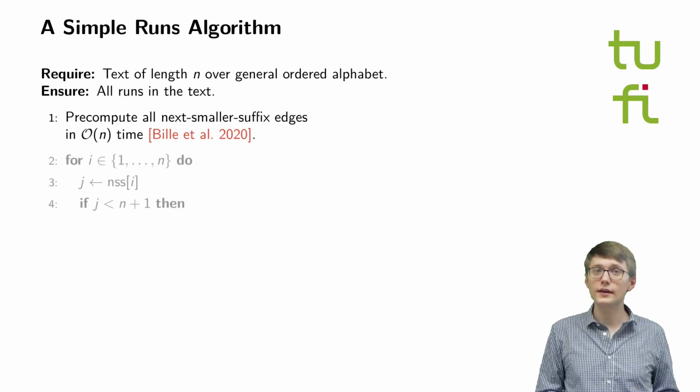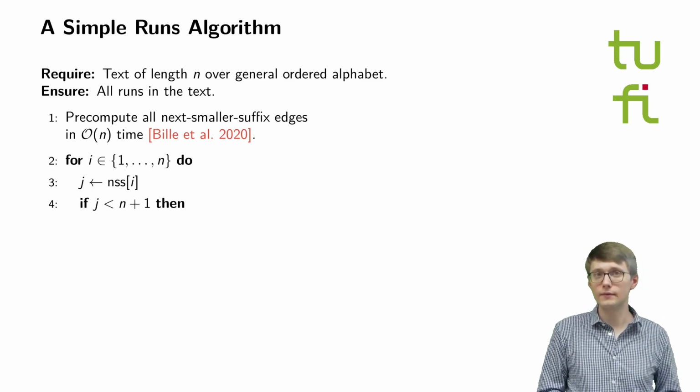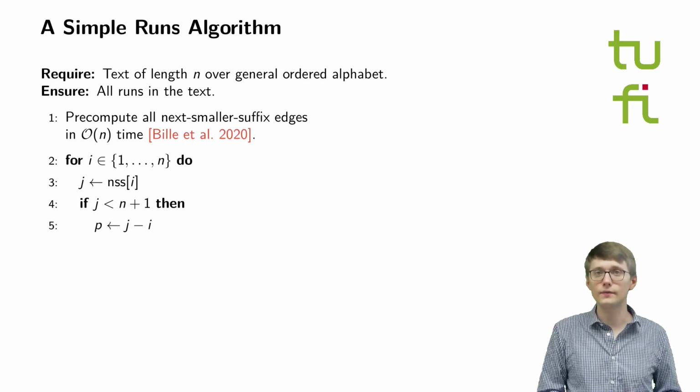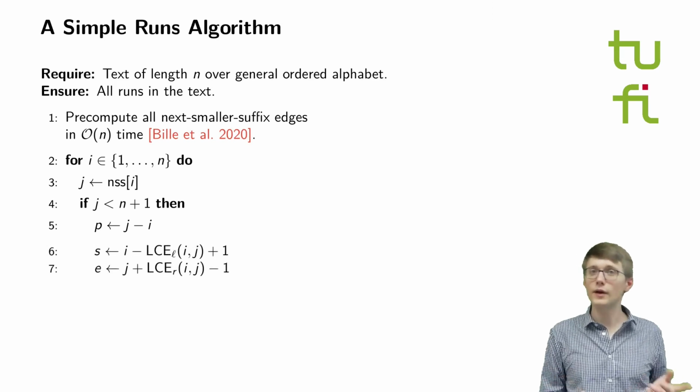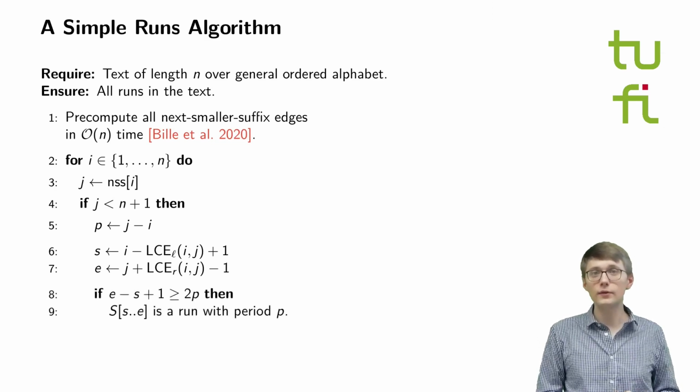Then we look at one index i at a time and investigate its next smaller suffix at position j. If the next smaller suffix exists, then we know that we're looking for a run with period j minus i. Using the technique from the previous slide, we compute the left and the right border of the run. Only if the resulting interval has length at least 2 times the period, we have found a run.